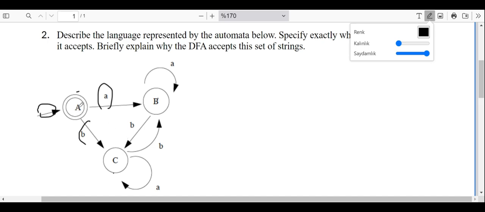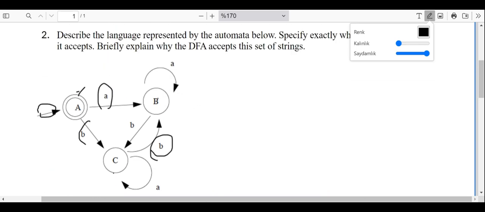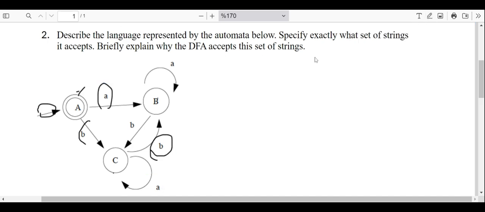For example, from A to B, my transition is A. From B to B, my transition is A. And from C to B, my transition is B.